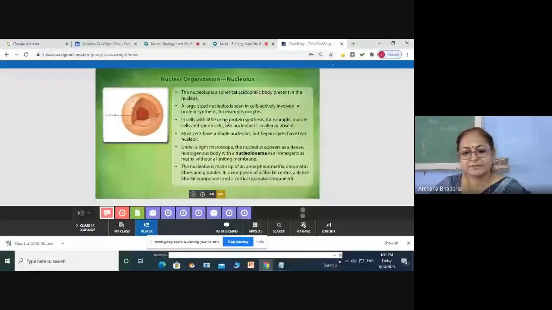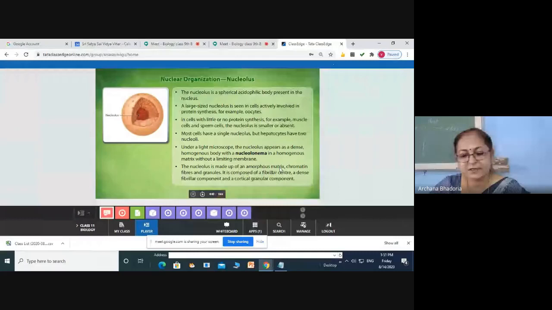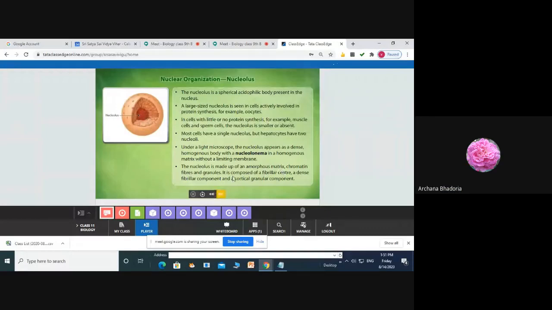It is spherical in shape and is made up of, try to see from the slide, children, the last point: an amorphous matrix, chromatin fibers and granules.